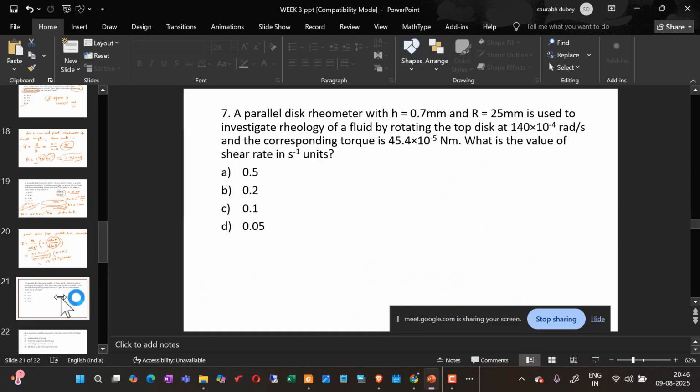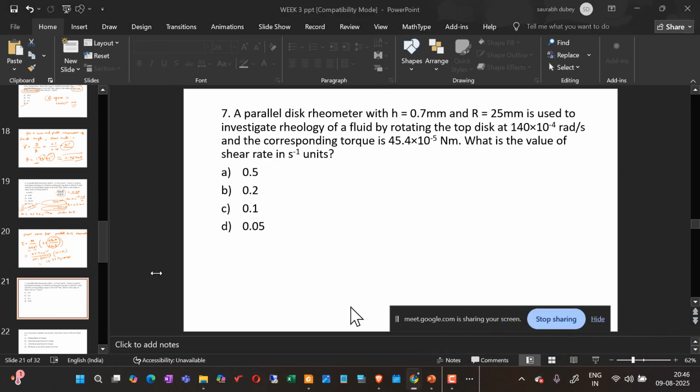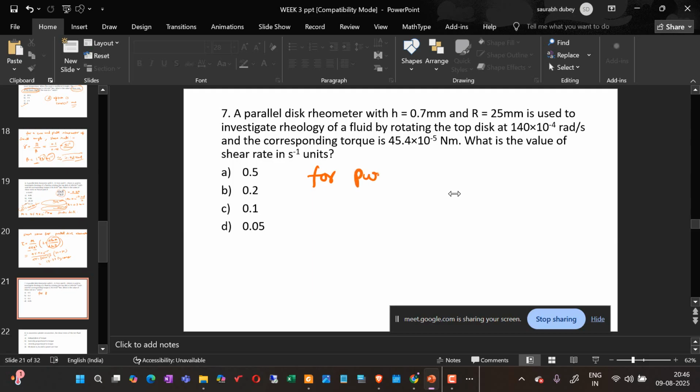Okay, coming to the next question. We have very little time, I think only 15 minutes are left, so let us solve it very fast. A parallel disc rheometer with H equals 0.7 mm is used to investigate the rheology of this fluid. You have to find the shear rate in this problem. If you remember, the shear rate for the parallel disc rheometer is R divided by H into omega, right?